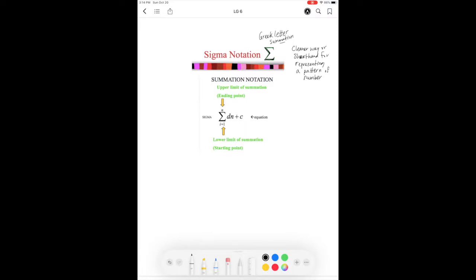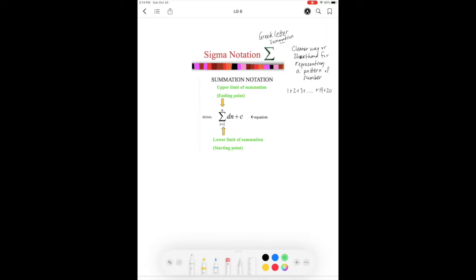Okay, so let's just have a quick look before we get into it. I'm just going to give us some numbers. Let's say we had 1, and then we added 2, then we added 3, and we kept going, and let's say we went all the way to 19 plus 20.